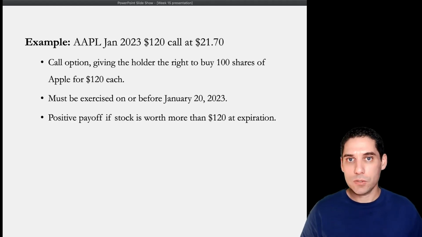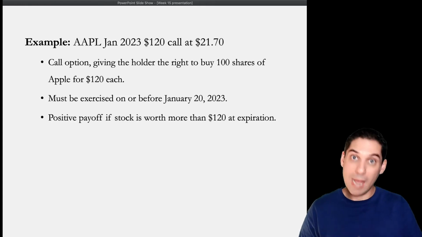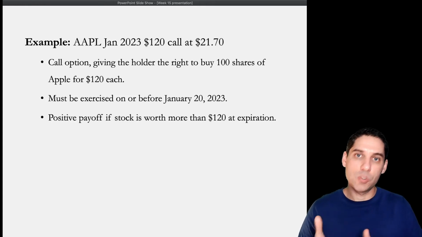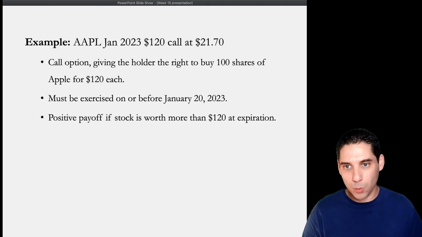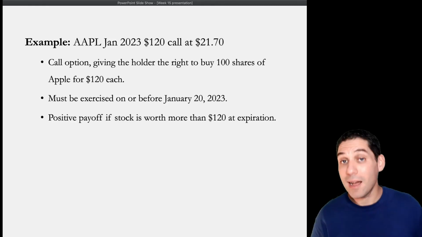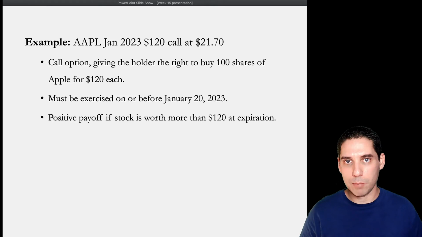So options, a call option specifically, will give you a positive payoff if the stock price is worth more than the strike price of the call option contract. The strike price here is 120, so this option will give us a positive payoff if Apple is trading at a greater price than the strike price of the option.